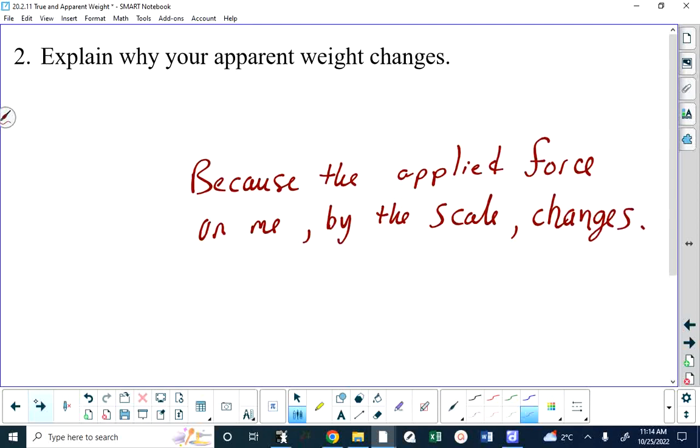That's really it. And I'm going to come to a conclusion here right away, everybody, that the solution to this lesson is that the applied force on the elevator is the force that's being applied to the scale, which is the apparent weight. Okay? And I'll make that point in your notes in a second.